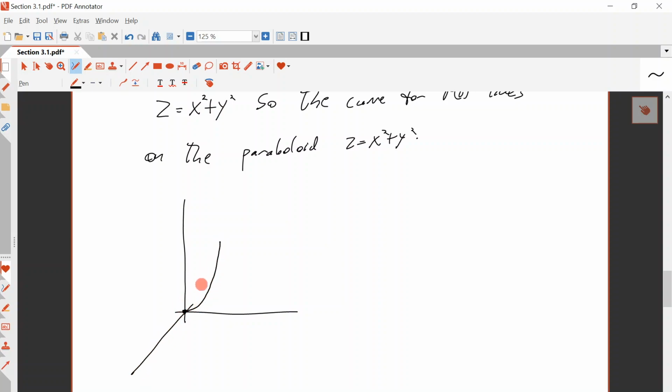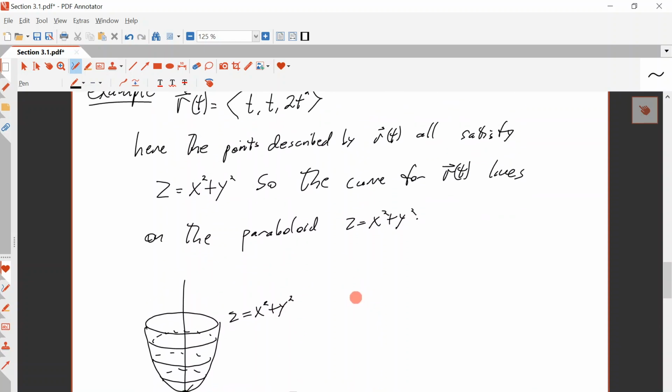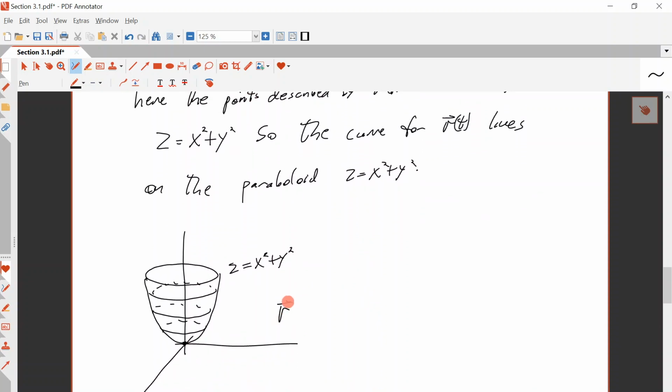So we've got this paraboloid, and the cross sections for fixed values of z are circles. We've seen that surface before when we talked about quadric surfaces. This is z equals x squared plus y squared. Now r of t describes which points that live on this, let's do that one in red.